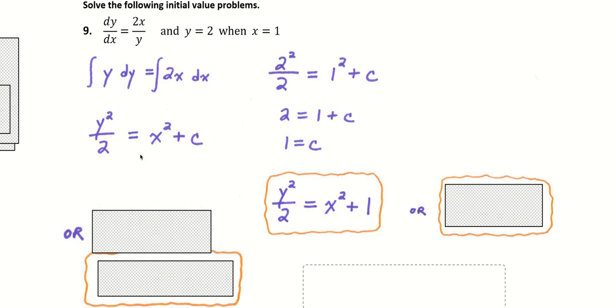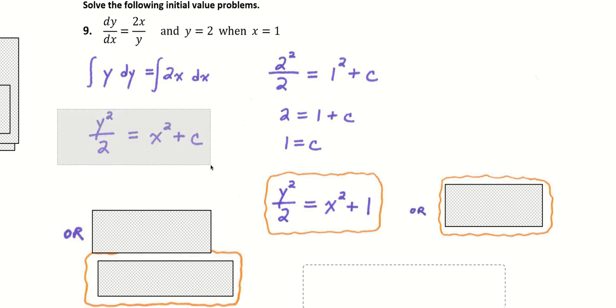If you find c right now, or maybe it's just different ways to have your final answer, maybe I'm wrong about why there are all these alternative answers. Maybe it's just how you would write your final answer, whether you solve for y or not, get y by itself, whatever.